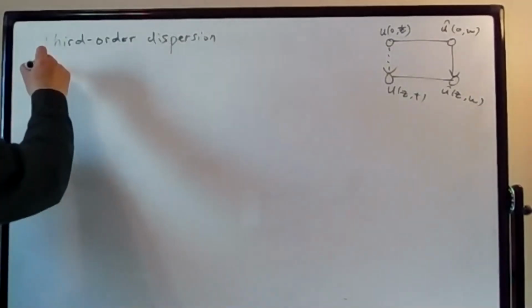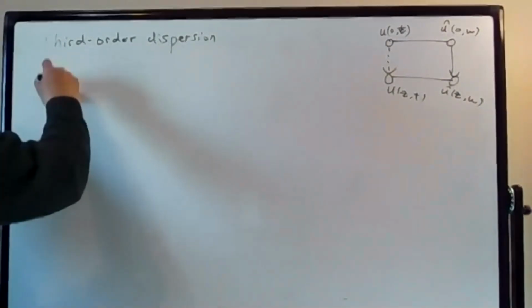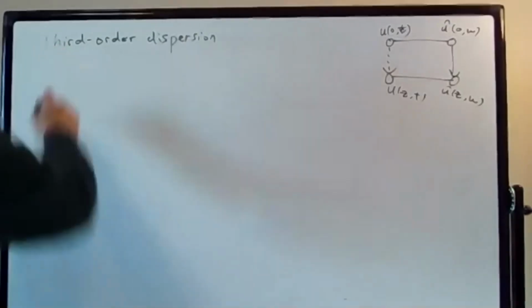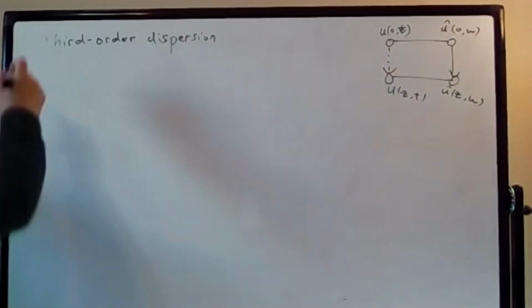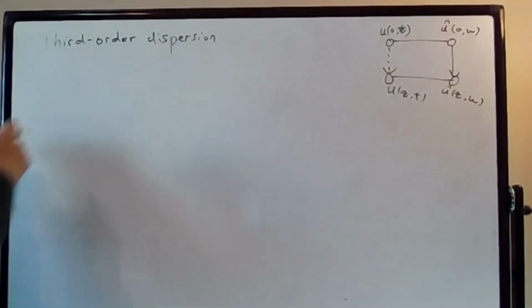It's U. Kind of bad today, picking up the wrong pen. Okay, hopefully the rest will be good. Oh yeah, this is much better. Okay, so it's the third order dispersion.